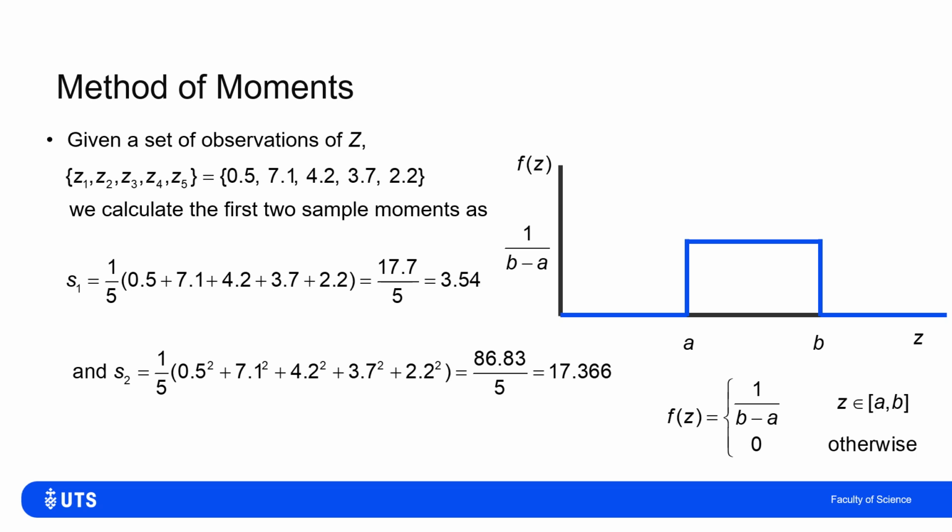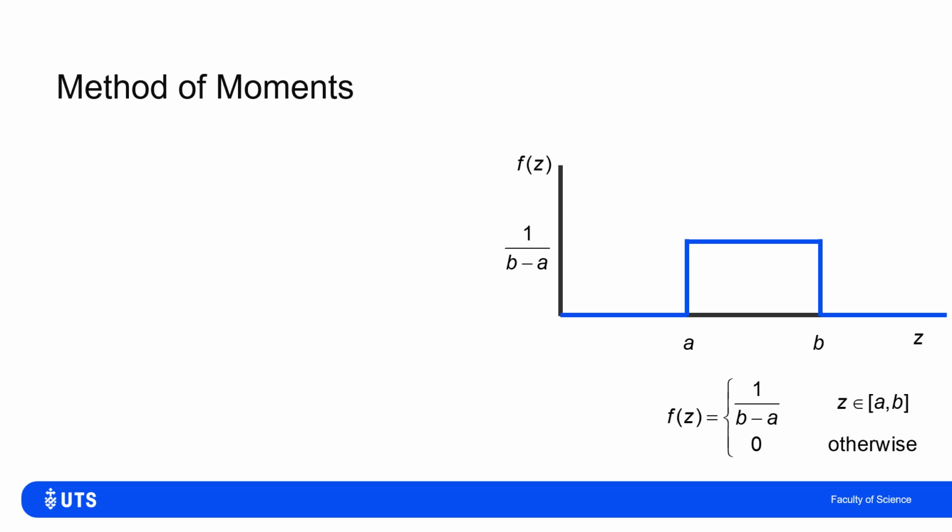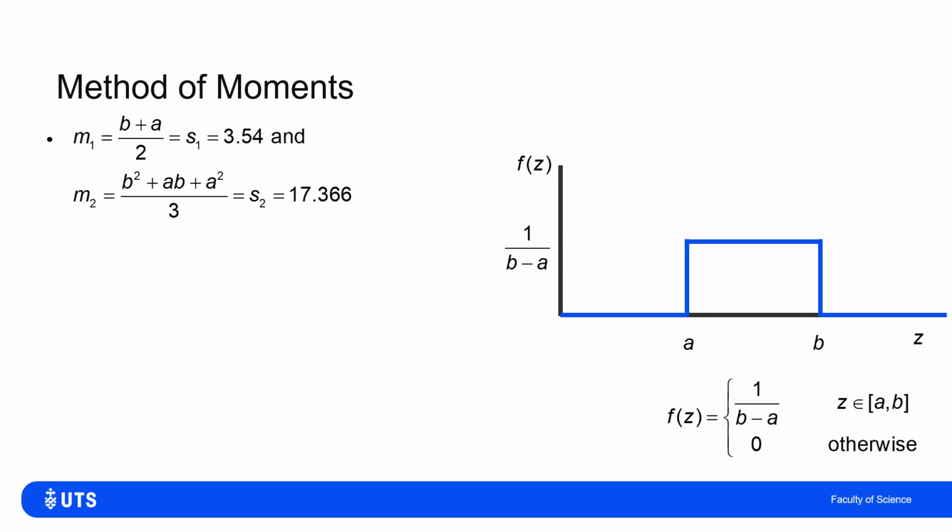So my problem now, to estimate a and b, is just to say which a and b will give me a population first and second moment of 3.54 and 17.366 respectively. So now I've just got a problem with 2 simultaneous equations and 2 unknown variables.